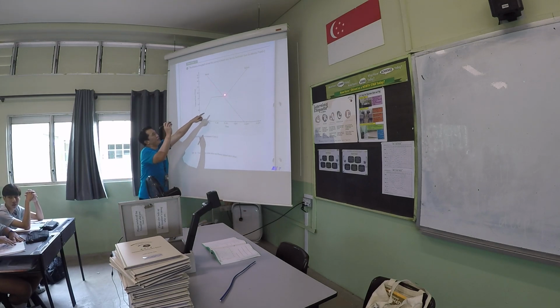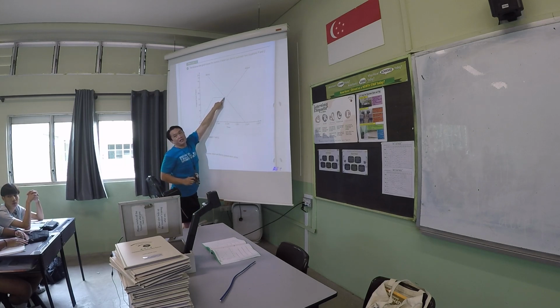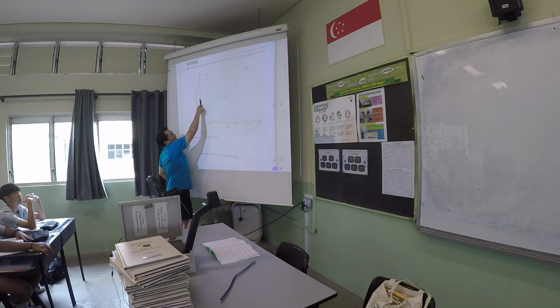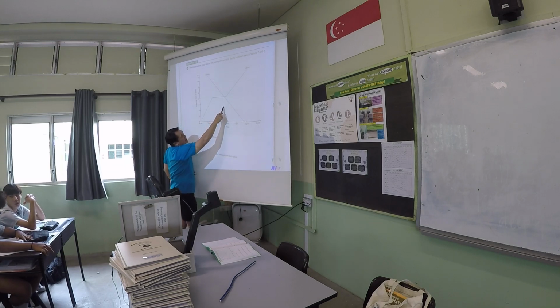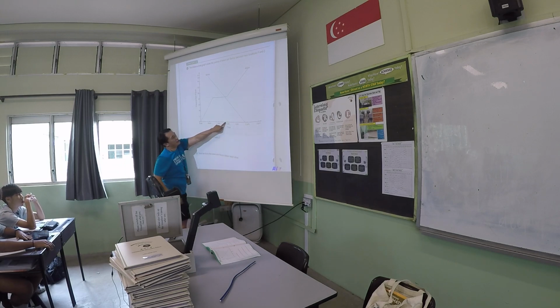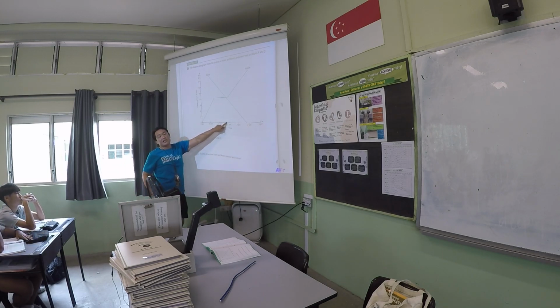So this point is where they meet each other, or where they cross each other. So they cross each other when they are 8 kilometers from P, and this time is when they cross each other.